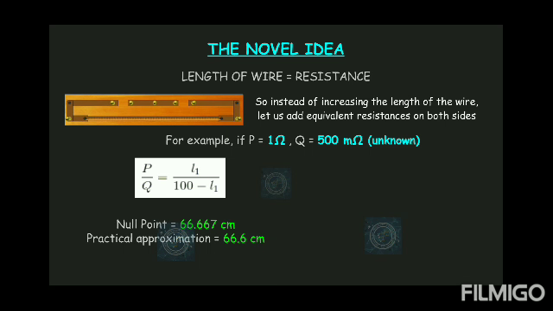Somebody would have been satisfied with 66.7. Anyway, suppose he noted 66.6, and practically getting this L1, he calculated Q, and his Q came out to be 501.5 milliohm. You can check this, which is not quite same as 500 milliohm.